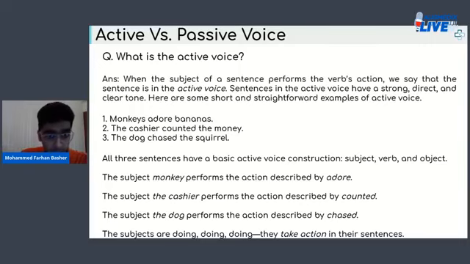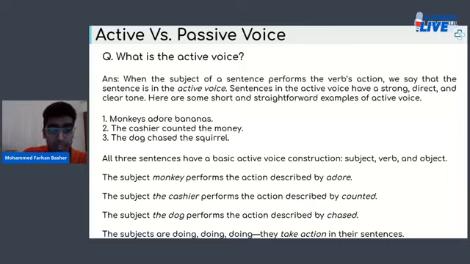Although adoring bananas may not be an action you can see, we all know that monkeys love bananas because we can see them eating bananas all the time. Whenever we offer them bananas, they accept it and eat with a lot of enthusiasm, right? So that basically shows that they love or adore bananas. That particular action of eating bananas expresses the adoration that they have for bananas.